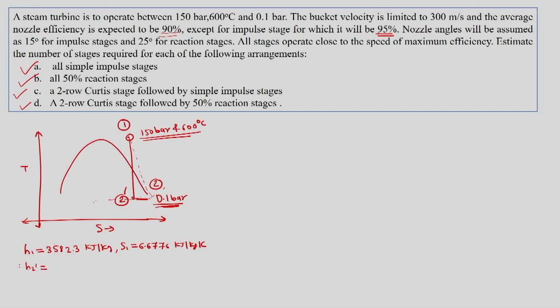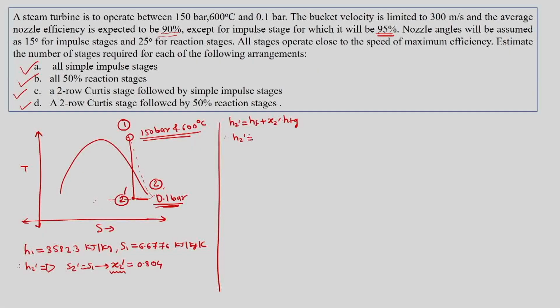Since for H2 dash we are using the fact that S2 dash is equal to S1, and this gives us the X2 dash, which is the dryness fraction at state 2 dash, which is inside the dome, which has equal entropy as 1, and that gives us X2 dash as 0.804, and this we can make use to find out H2 dash, which is hf plus X2 dash into hfg at 0.1 bar.